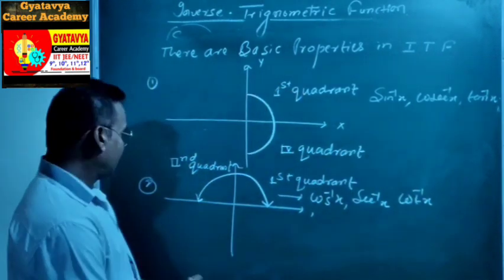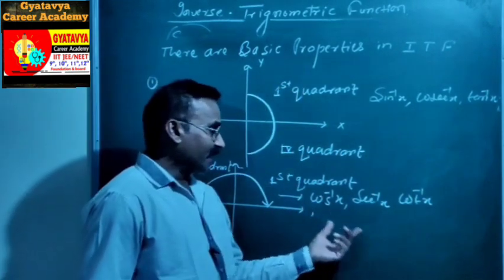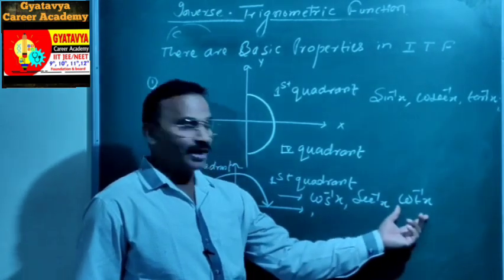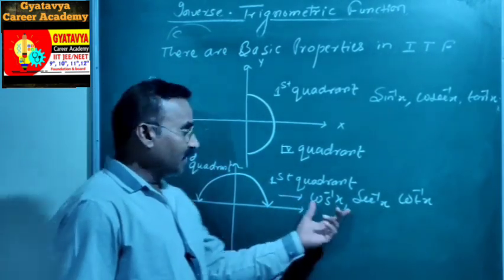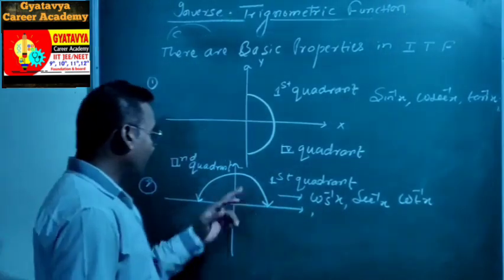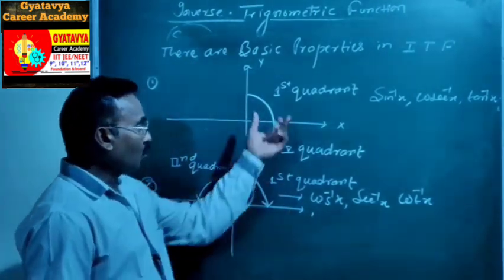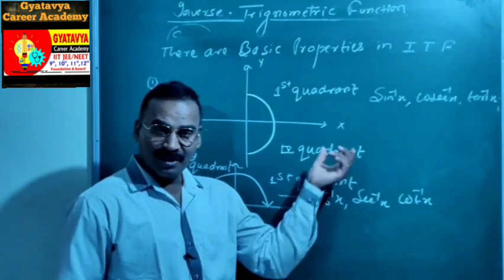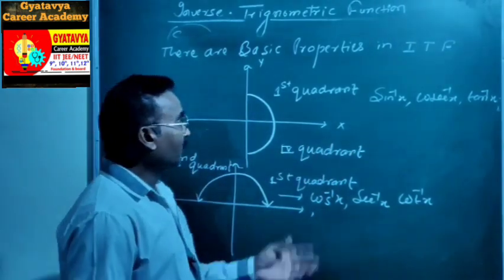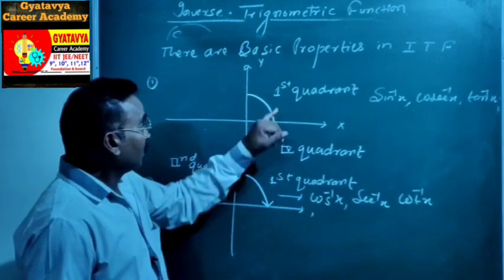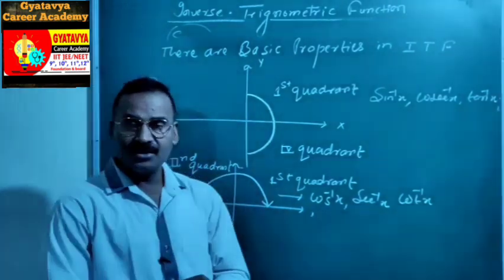The second rule is that cos inverse x, sec inverse x, and cot inverse x lie on the first and second quadrant. Okay, so there is a common condition between the two. The first quadrant is used commonly.